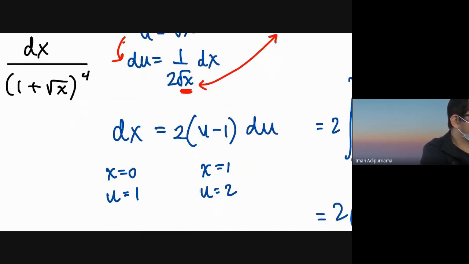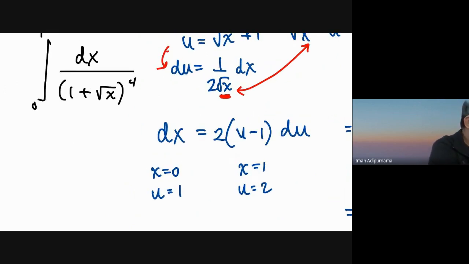So dx is equal to 2 times u minus 1 du. Check the endpoints. When x is 0, u is 1. When x is 1, u is 2.